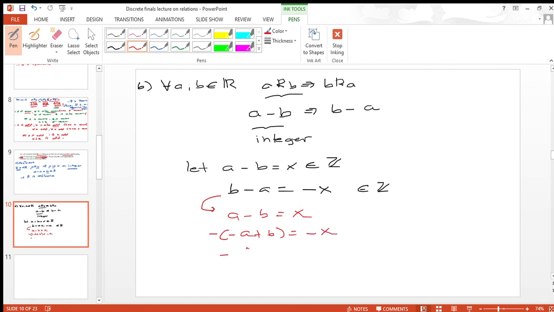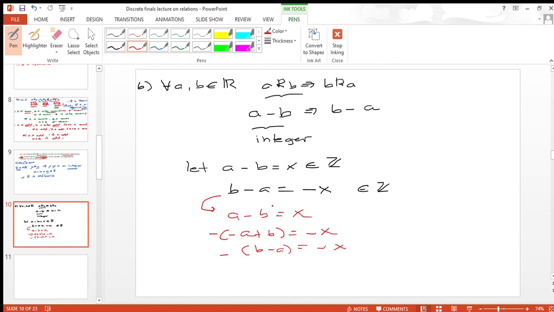You get the negative of B minus A equals minus X. Is that clear? We base it from the first one, A minus B is equal to X.